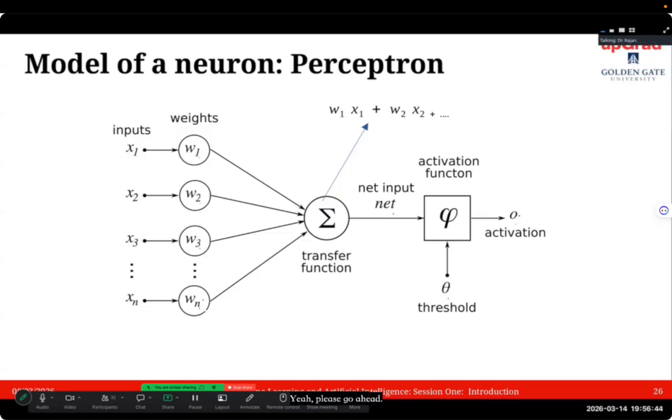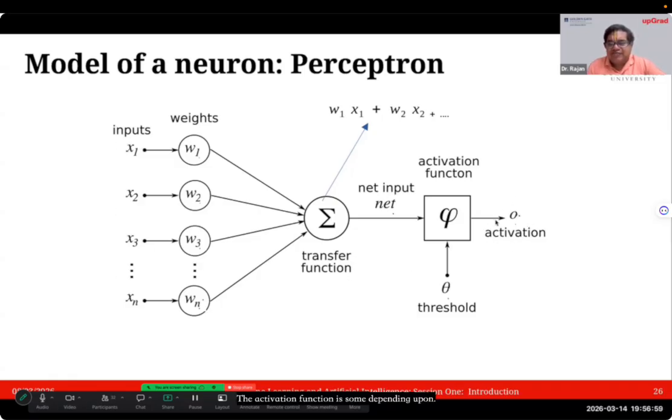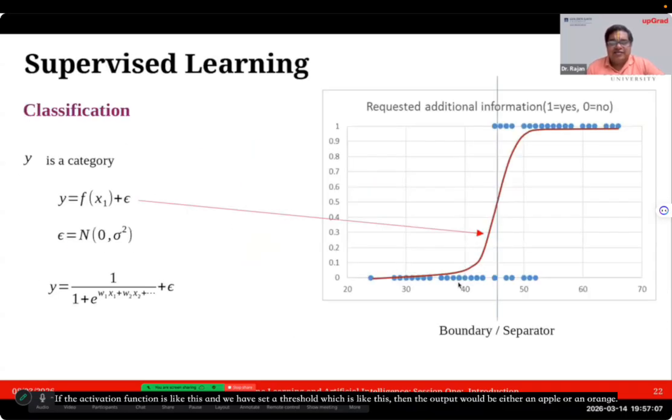Yeah, please go ahead. Sir, nowhere in this equation are you talking about an output here. You're still remaining with the input, right? Yes. Here is the input, and here is the output. The activation function is like this, and we have set a threshold which is like this.